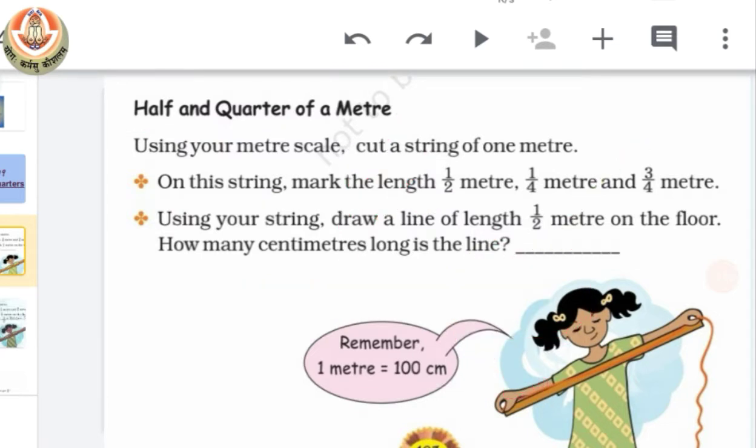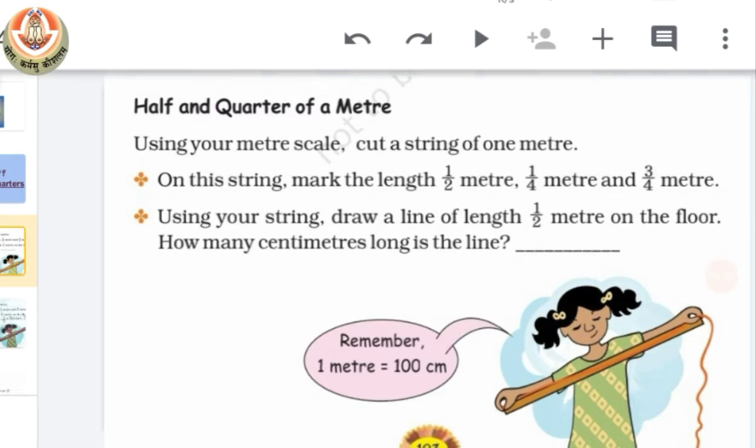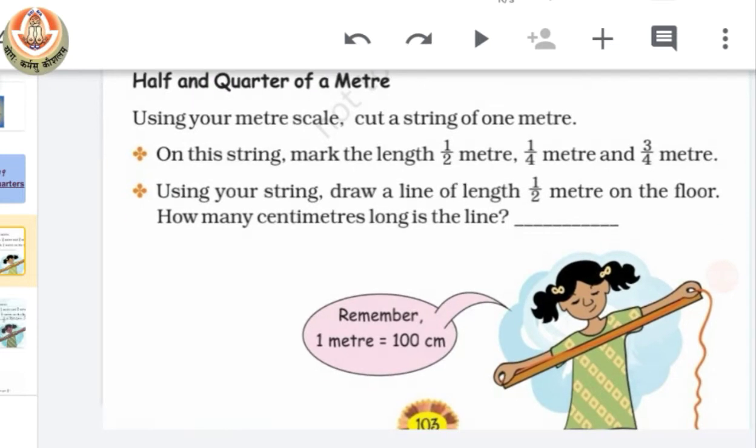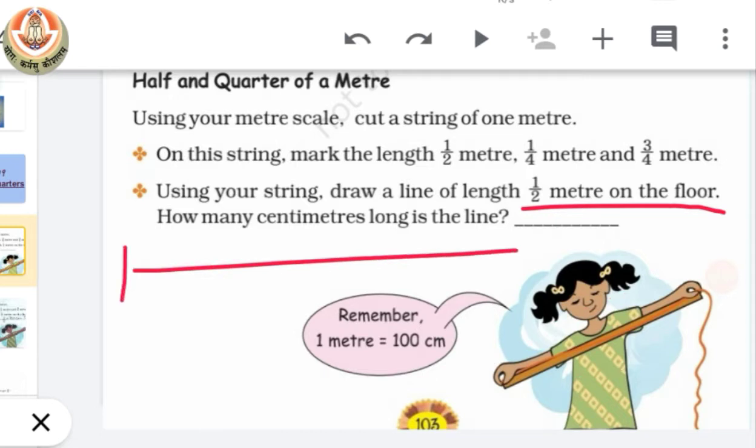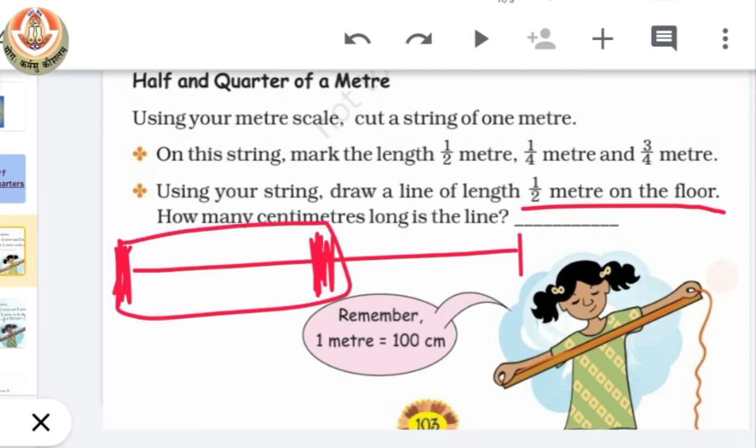Now after this, they are asking, using your string, draw a line of length half meter on the floor. See, now you have this string of 1 meter. Now you have to place this string on the floor, and where you had marked half of a meter, using this string mark here from the starting point to half on your floor, and you will get a half meter mark on your floor.